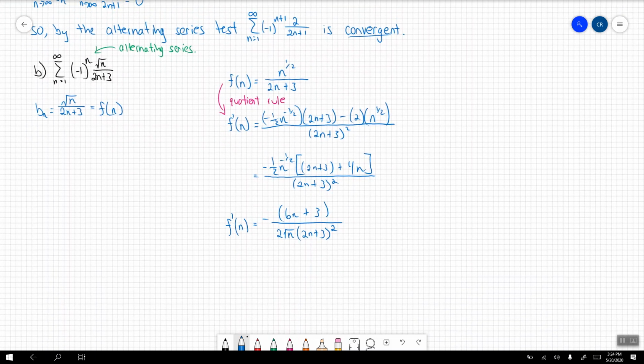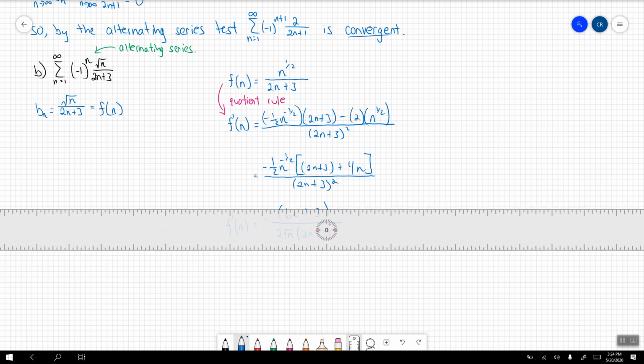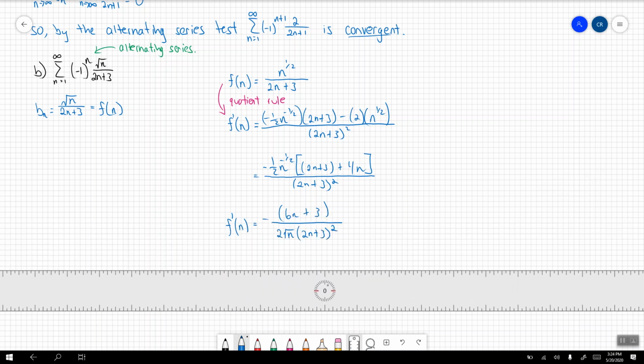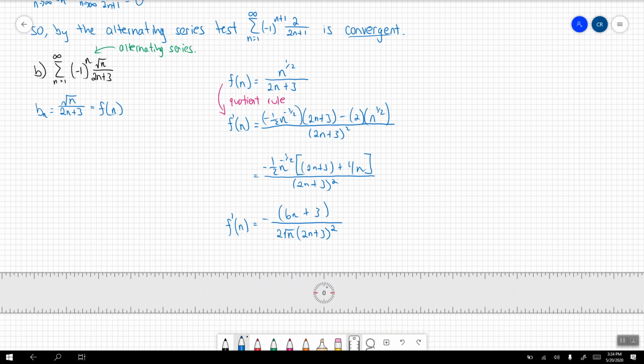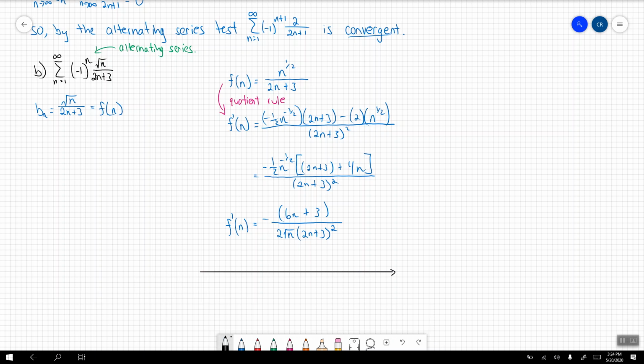Oh my goodness. Okay, so now let's find these critical values that we need in order to start conducting this first derivative test. All right, so let's look at what we have. We can have n is equal to 0, so that's going to be one of the values that I'm looking at.